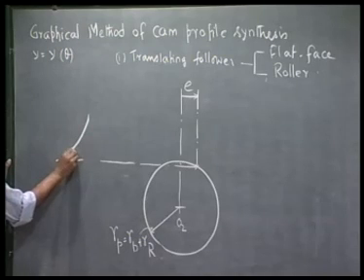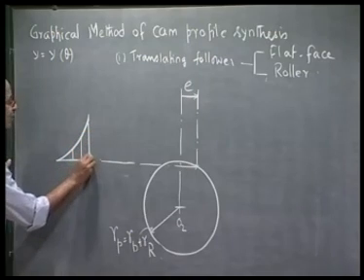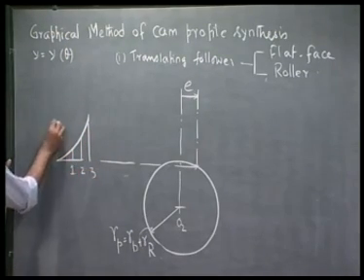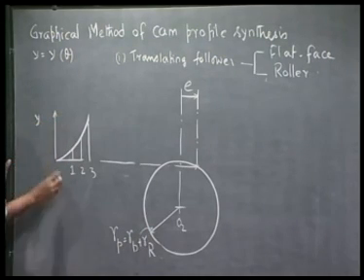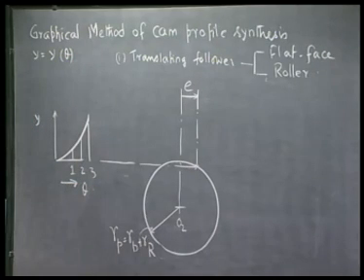So as before, I consider a few station points, namely 1, 2, 3. This is the plot of y versus theta. This is 0.